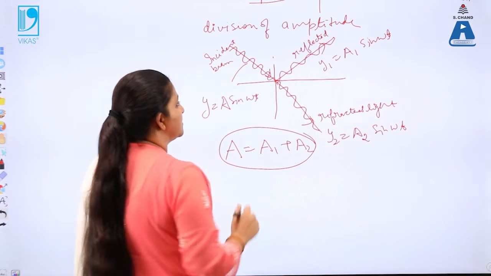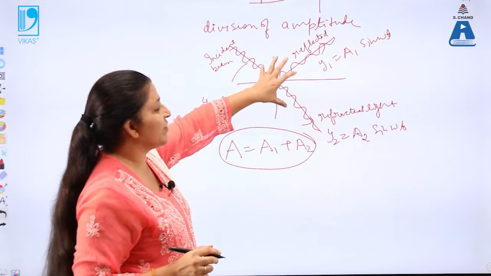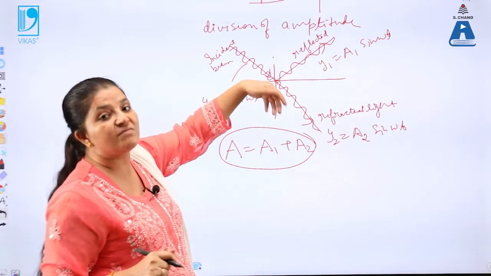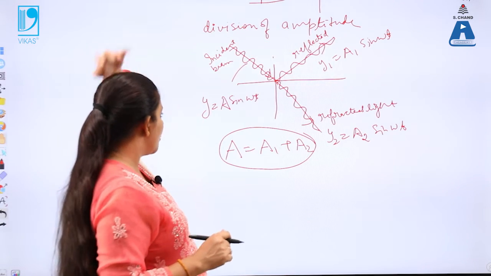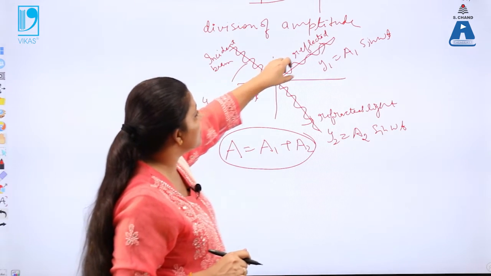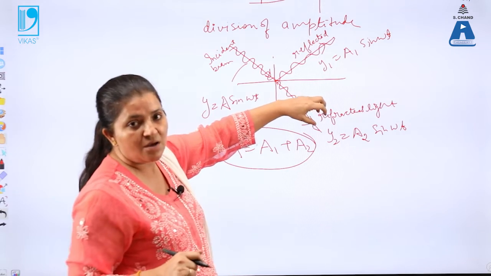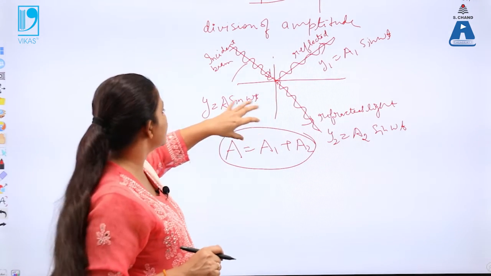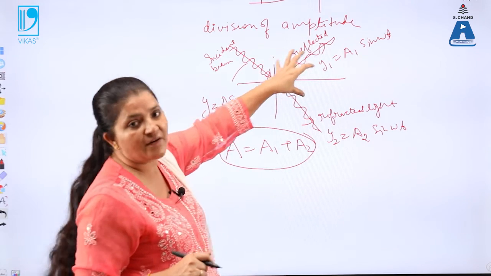Then these two waves reunite or interfere with each other to give the resultant wave. So here the incident beam is divided into two parts, one reflected and one refracted, and the amplitude is also divided.